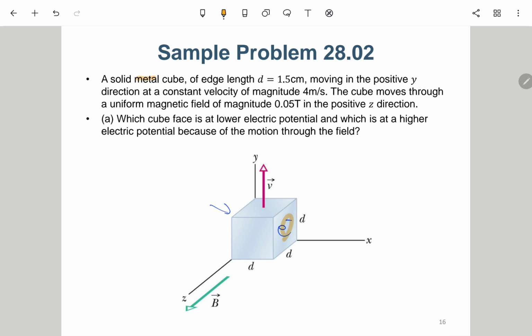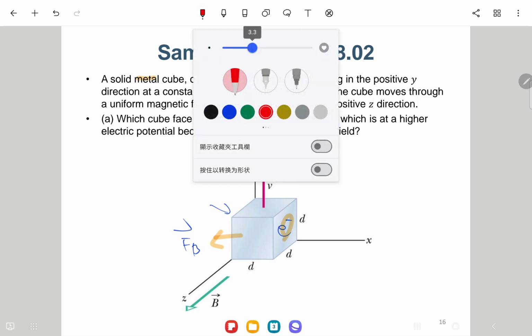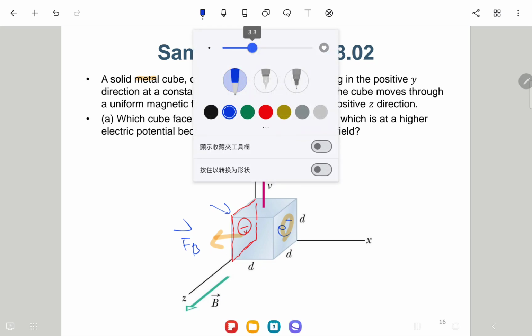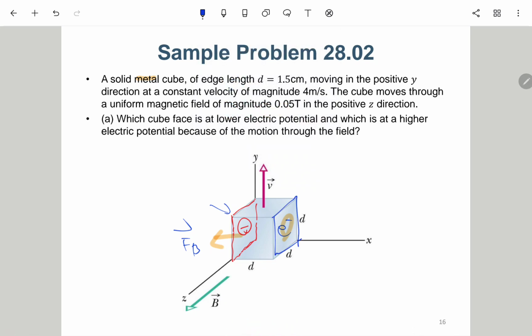So FB is pointing to the left side, which means for the negative charge, there will be Lorentz force acting on the negative charge pointing to the left side, so there will be negative charge accumulating on the left surface, and there will be positive charge accumulating on the right side.